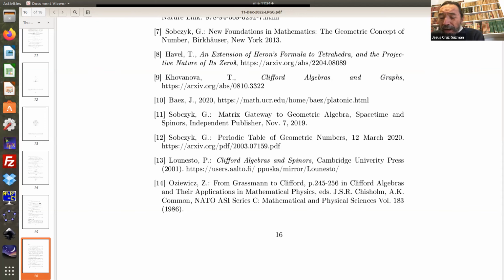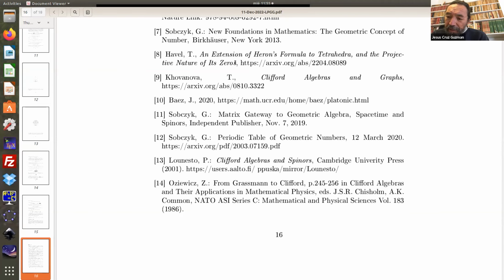Then I am trying to organize some ideas around this, so that we can understand this construction of Grassmann algebras in terms of graphs and relate it with category theory. This is the general idea.